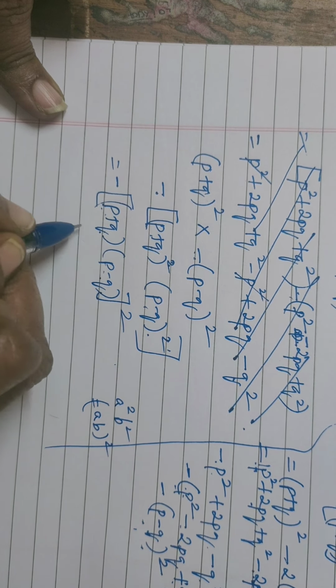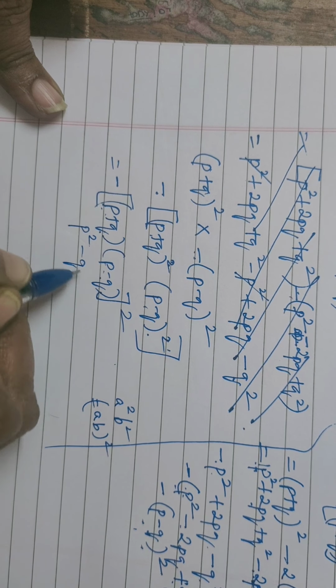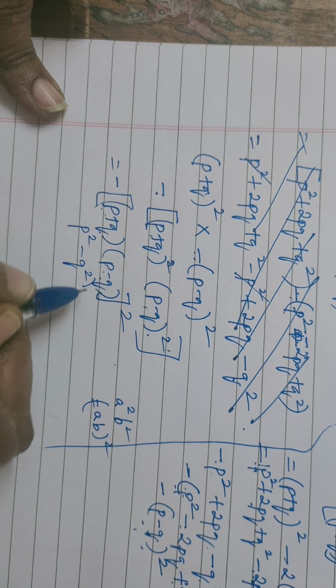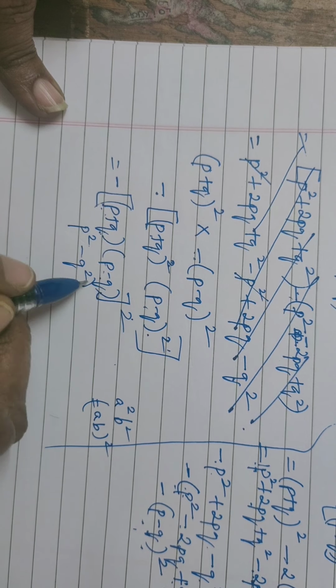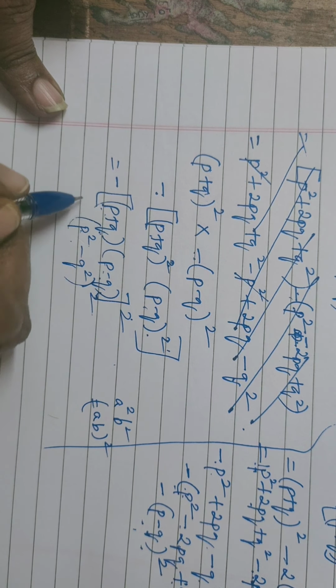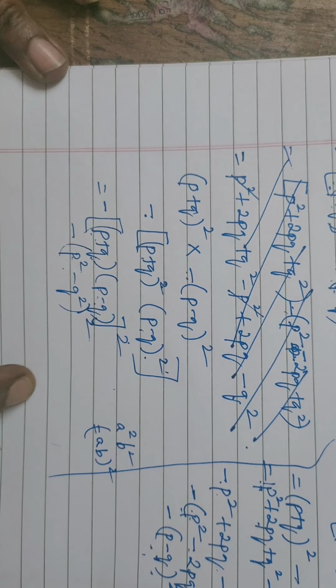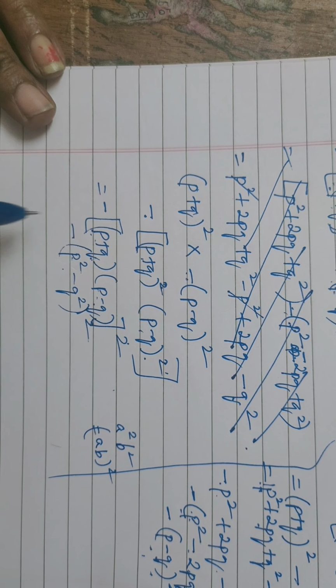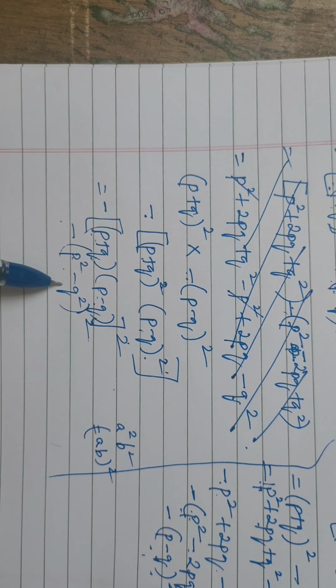So can I write it as a square, that is p square minus q square. And what do we have outside here? The square. We should not forget that the square is out here. So you have this minus out, and this p square minus q square here. So this is the thing, you have got it. Now alpha into beta, we have got this part here.